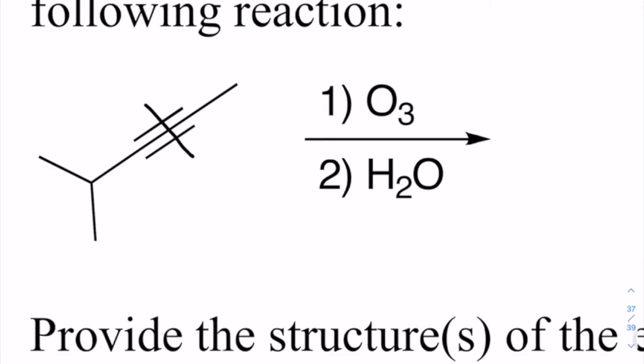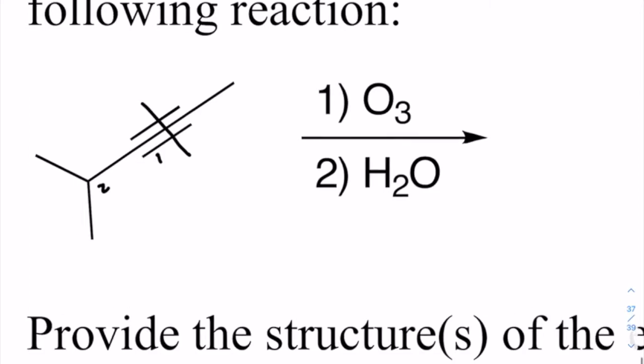I find the easiest way to do ozonolysis problems is to draw both halves of the molecule and then add the oxygen onto it. So we know we're going to have basically an aldehyde, and then we're going to have a carbon here, carbon here, carbon here, and two methyl groups off of that.